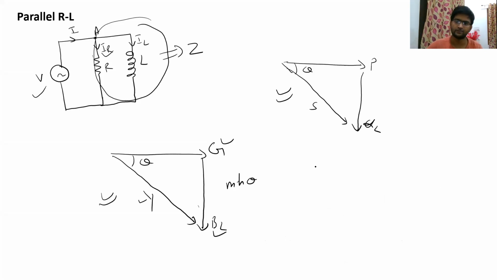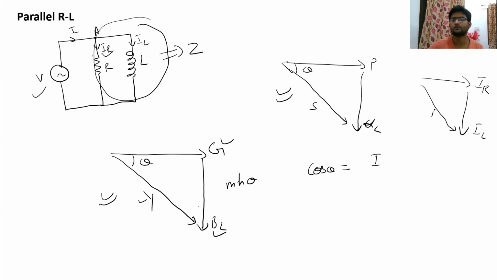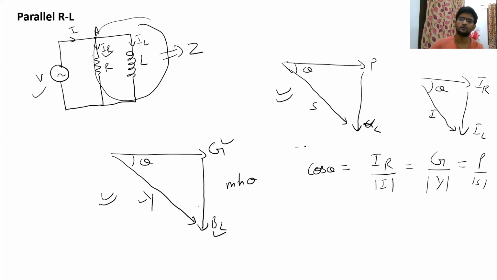Now the power factor for this circuit will again be cos theta, and from that previous phasor diagram, this was IR, this was IL, and this was total current I. So cos theta is nothing but IR divided by magnitude of I, which is equal to G upon Y, which is equal to P upon magnitude of S, right? So this is your power factor.